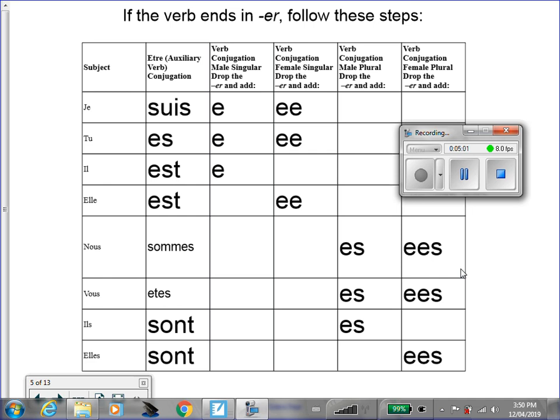All right, I'm going to move on to the next chart, and it looks at verbs ending in RE. The nice thing is this chart coming up plus the third chart follow the same pattern. You'll notice just one change. So let's take a look at that now.